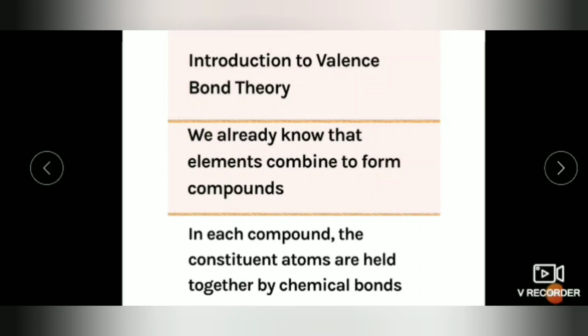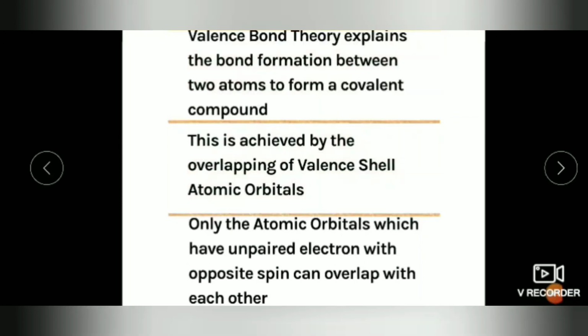In each compound, the constituent atoms are held together by a chemical bond. The two constituent atoms are held together to form a chemical bond, which may be a covalent bond, an ionic bond, or a metallic bond.